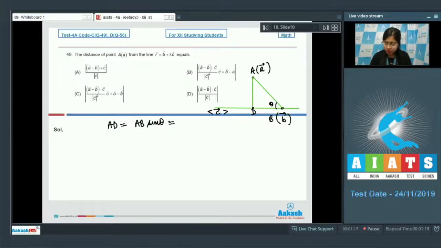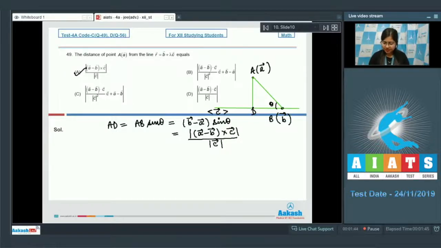And that is equal to AB is B vector minus A vector into sine theta. So this can also be written equal to modulus of A vector minus B vector cross C vector divided by modulus of C, right? So from the options it can be seen option number A is our correct choice.